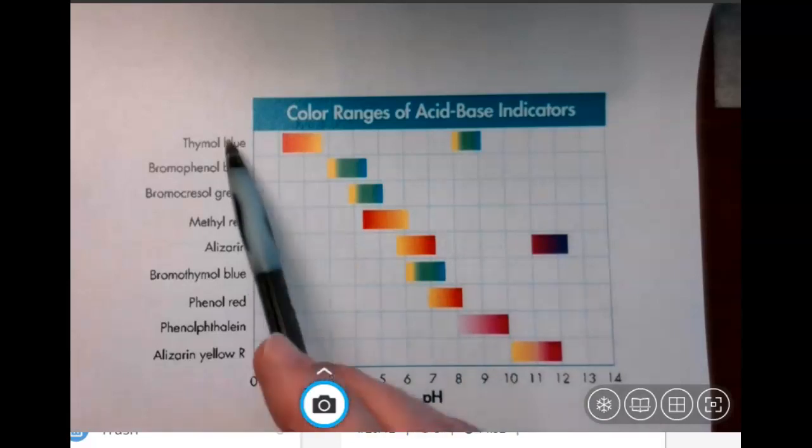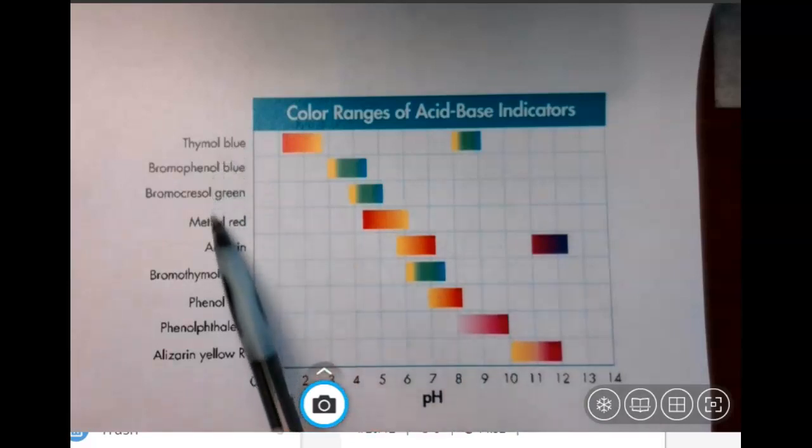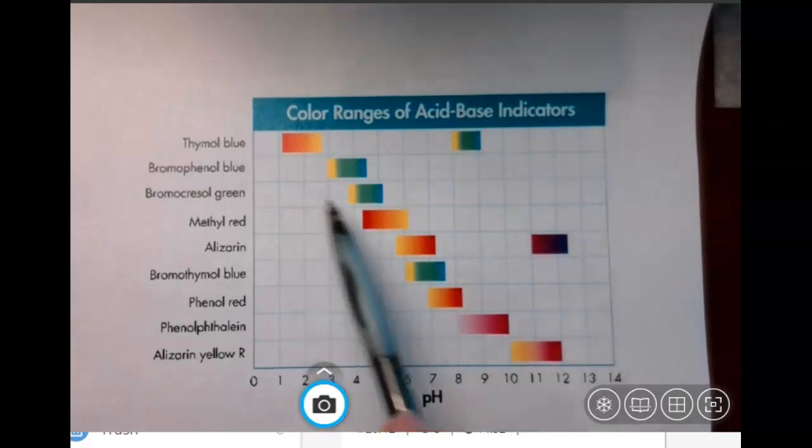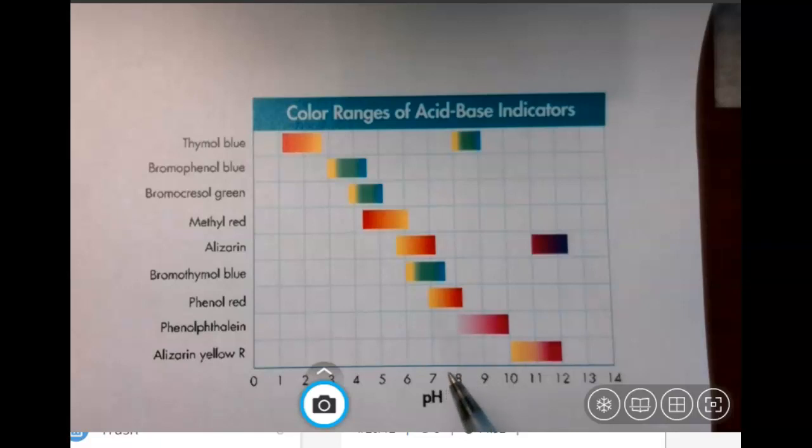But anyway, these indicators come as a liquid. You can just put a few drops of them in your solution, and then depending on what color your solution turns, you can tell whether it's acid or base. Or you can get paper. Those of you who have pools or hot tubs at home probably have pH paper. And pH paper just has a combination of indicators that have been dried onto it.